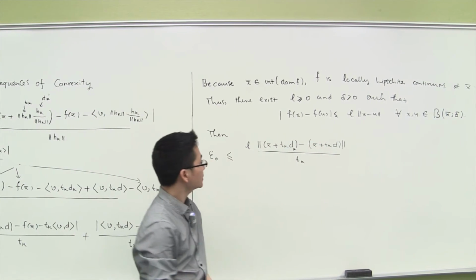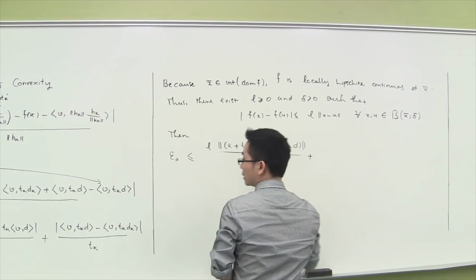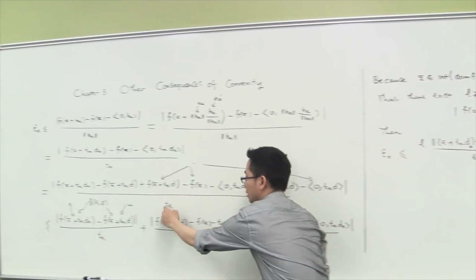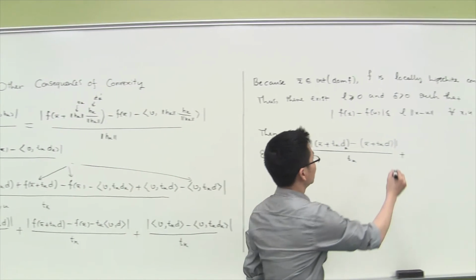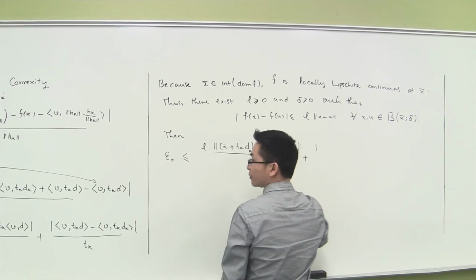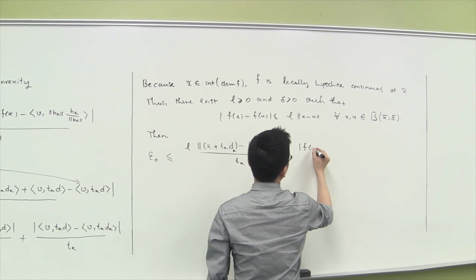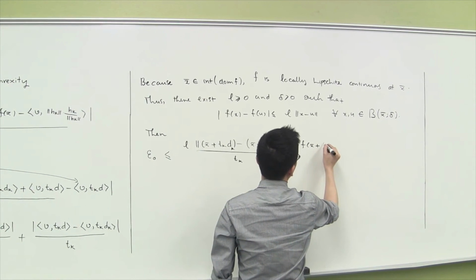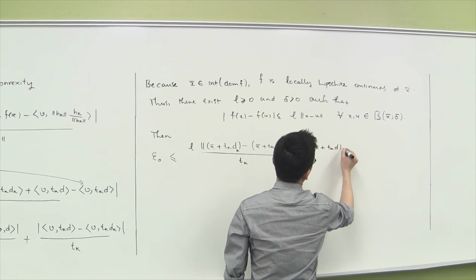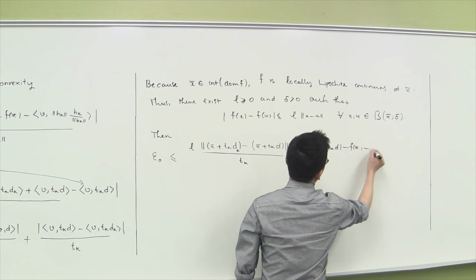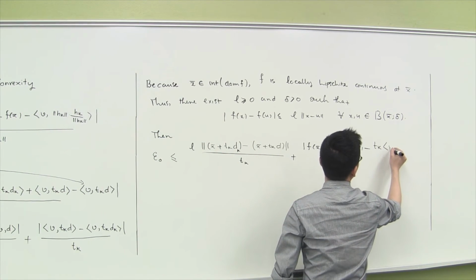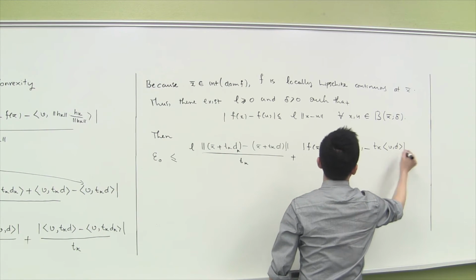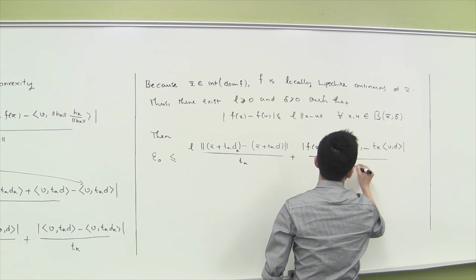Okay, and then we keep the second expression in this inequality the same. So this is the absolute value of f of x bar plus tk times d minus f of x bar minus tk times the inner product of v and d, everything divided by tk.